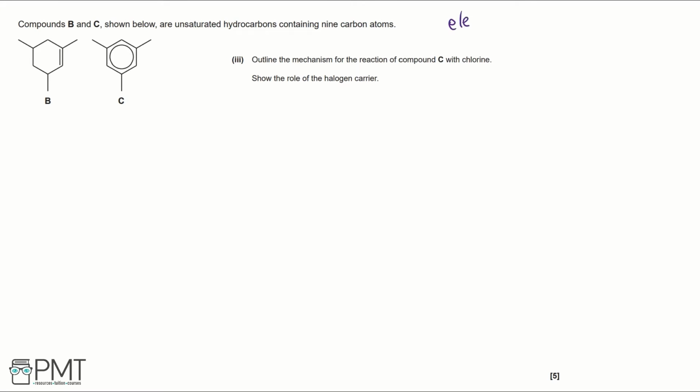As I said in part 1, this mechanism that we're dealing with for compound C is electrophilic substitution, where we substitute one of the hydrogens on the benzene ring with a chlorine. So the key in this question is that we need to show the role of the halogen carrier. So we need to start with how the halogen carrier helps us form an electrophile.